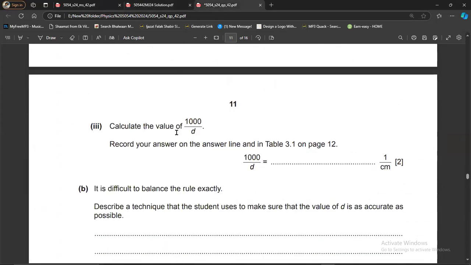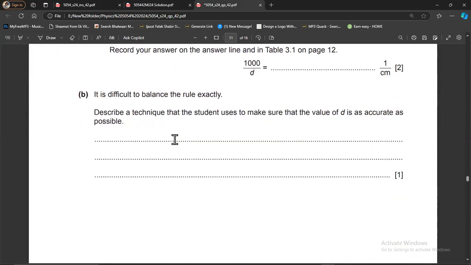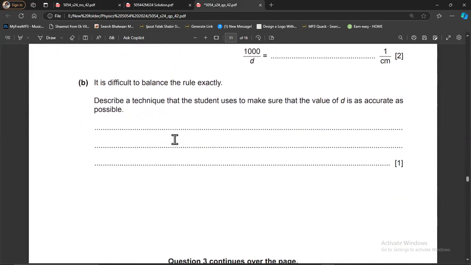Then it says it is difficult to balance the rule. Describe a technique that the student uses to make sure that the value of D is as accurate as possible. Because balancing that rule will be difficult, move that 50 gram mass very slowly. Let's say you are moving it to the right, and when you observe that the scale has started tilting to the right, then move it to the left very slowly.